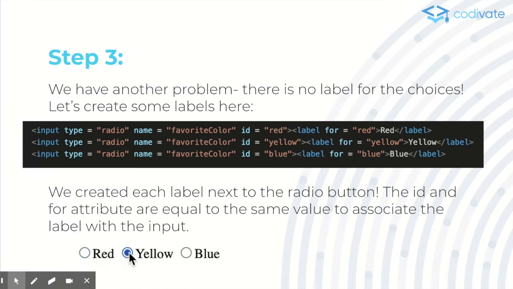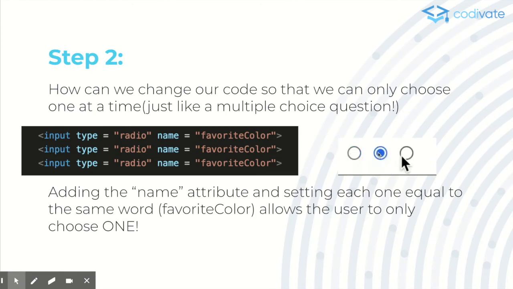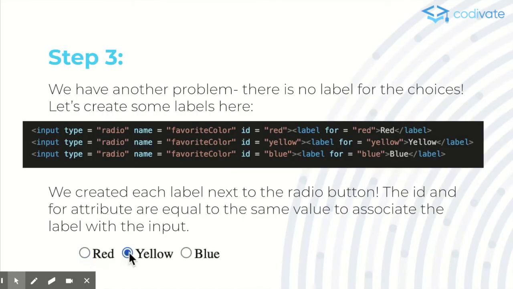So we have another problem. There's no label for the choices, and we need to create some labels here. I know this seems like a lot, but bear with me. Right now, it just looks like a bunch of dots, but we want to have a label or some sort of display of what each answer is. So we have to add a label, and again, it's the same thing.